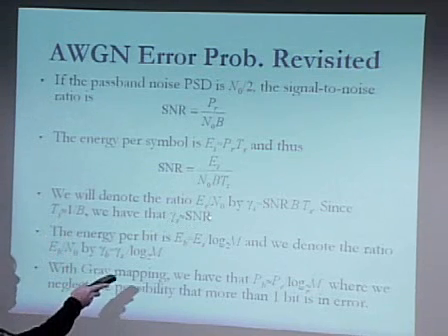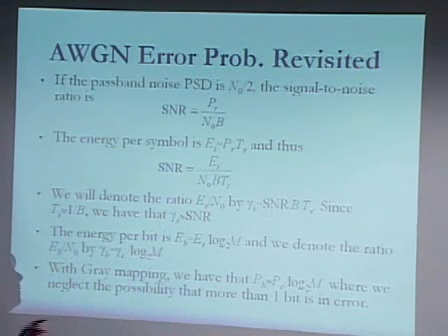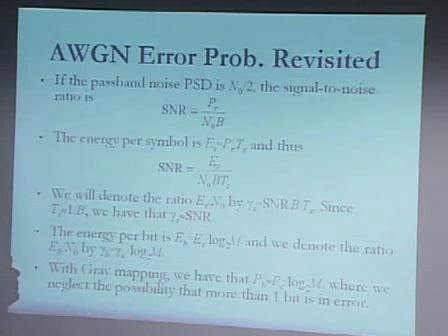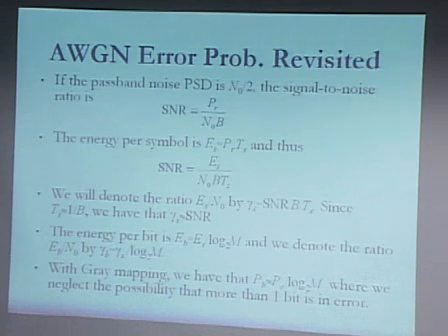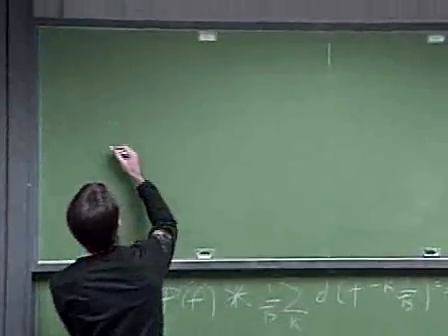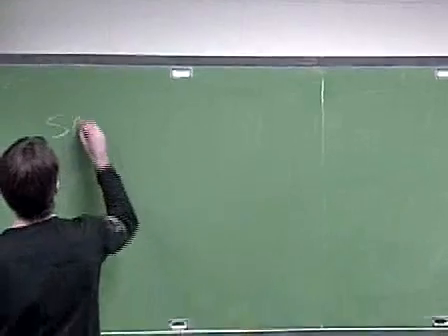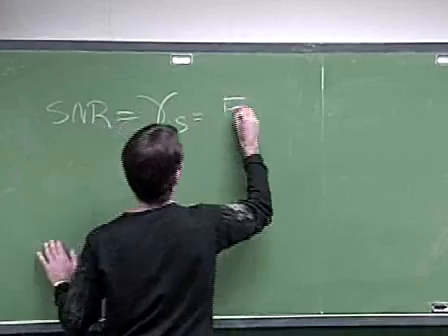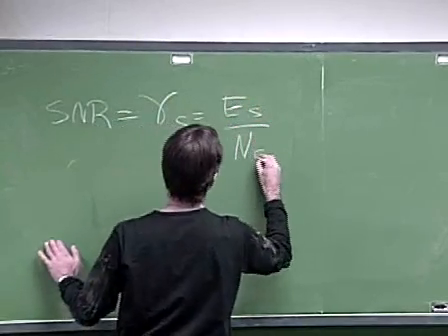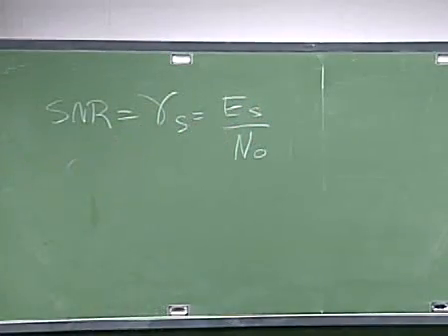So we're going to use SNR and gamma S as equivalent terms, and also Es over N0. So we have that SNR is equal to gamma S, equal to energy per symbol over N sub 0. Gamma S is convenient because it's very compact.